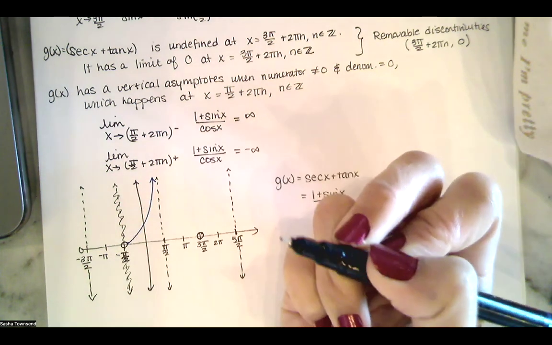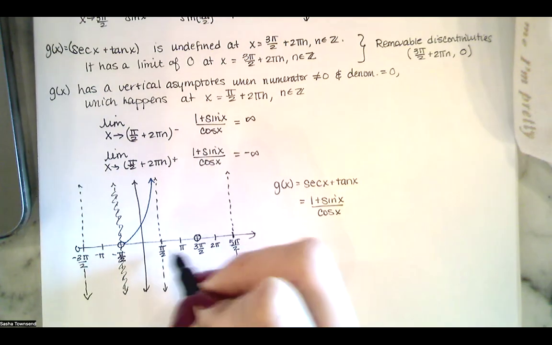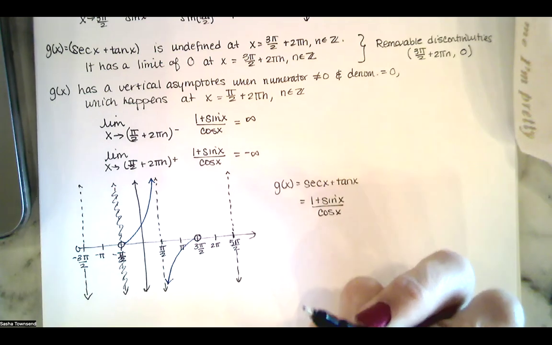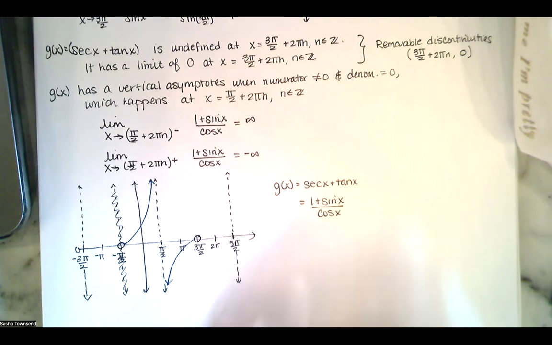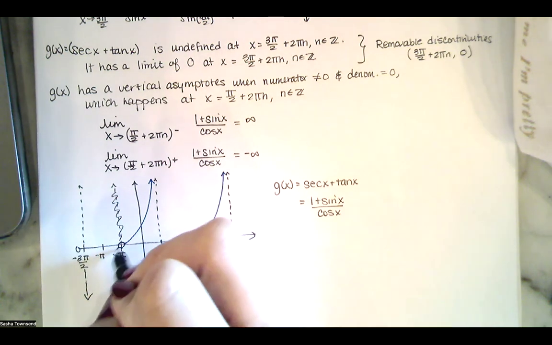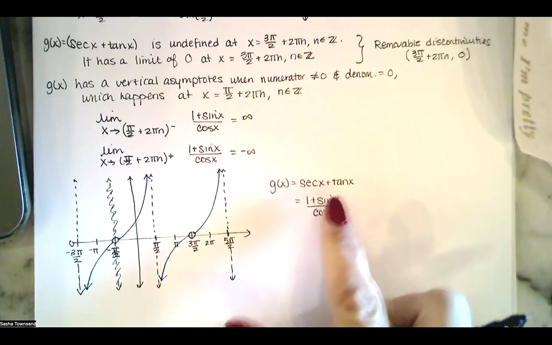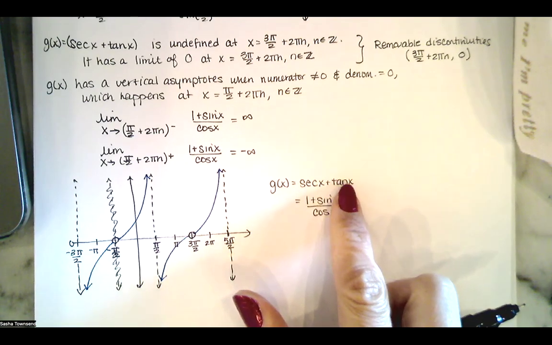So it'd look roughly like that. And then as we approach pi over 2 from the right, our function values go to negative infinity. And then this thing repeats. We're going to see the same thing there and the same thing there. So that is g of x equals secant of x plus tangent of x.